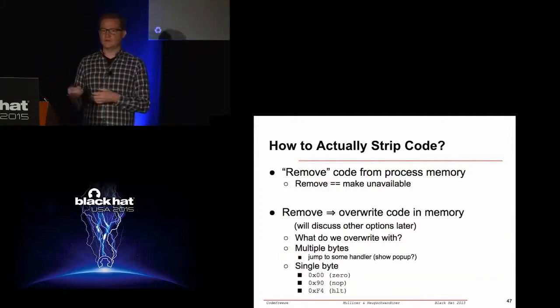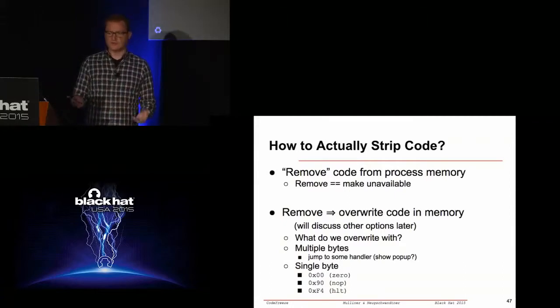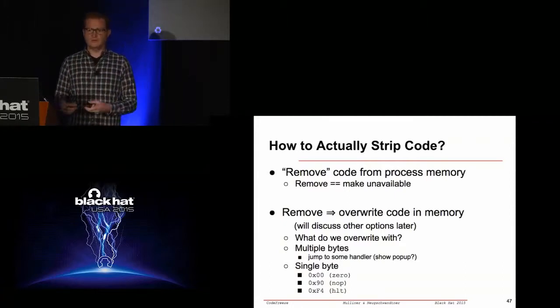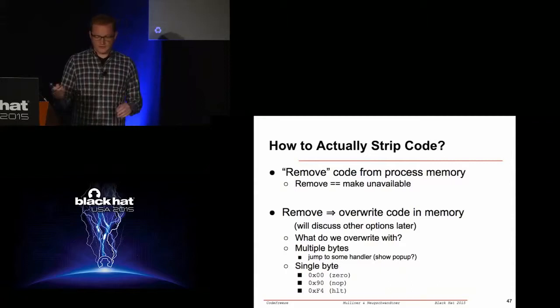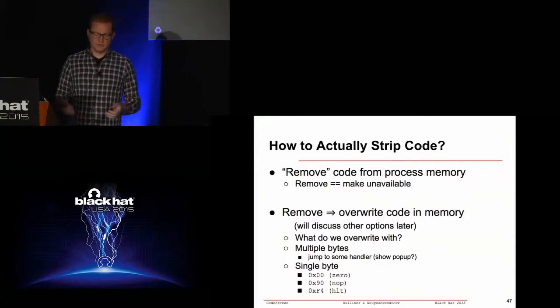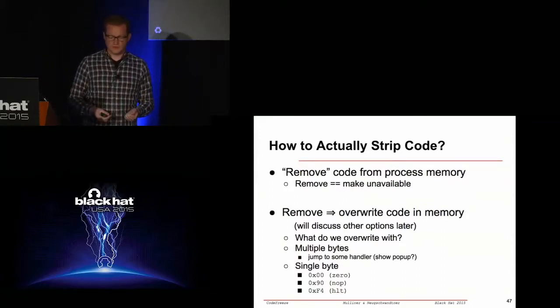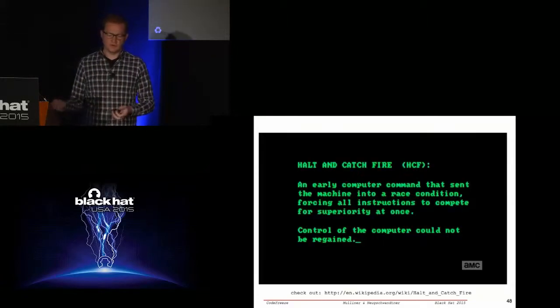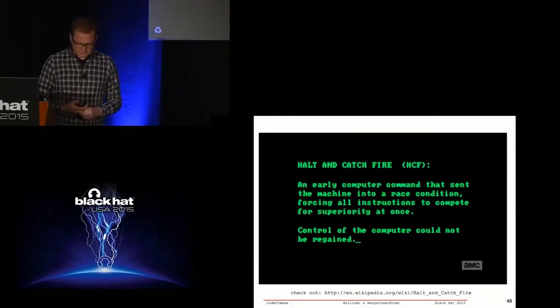We could, for example, put a handler there, so it will jump to some code from us, and we could show a pop-up and say, hey, this code should not have been called. But we could also overwrite it with other things like zeros or NOPs or HLT.